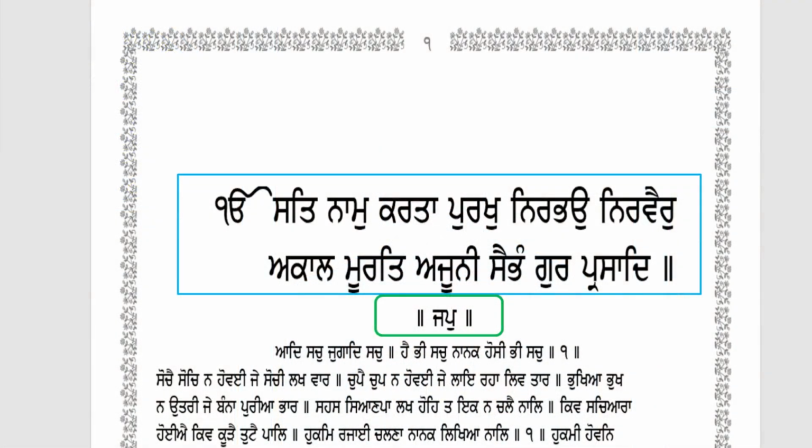If we look at page 1 of the Sri Guru Granth Sahib Ji, we see that the commencement verse, the one in the blue box, then we see the word japa with an onkar in the green box.